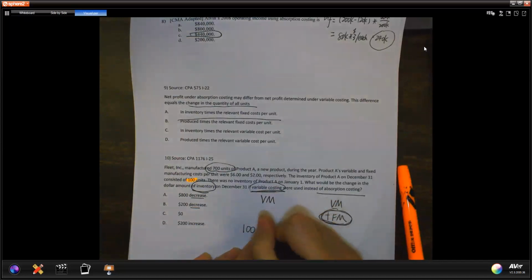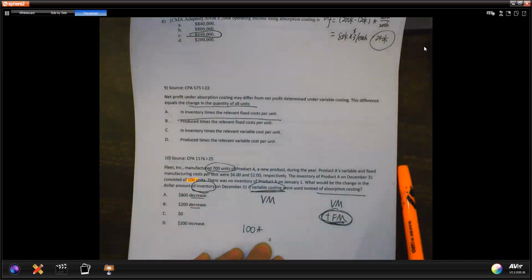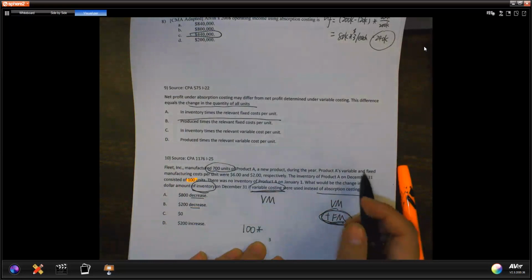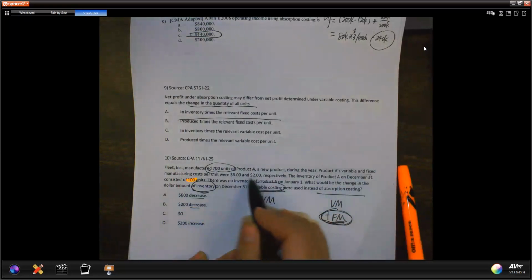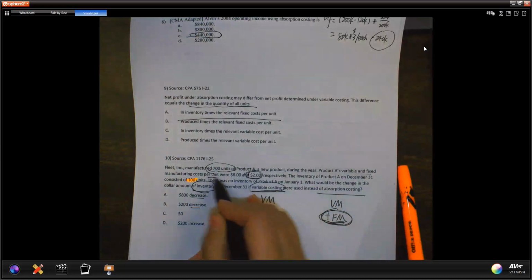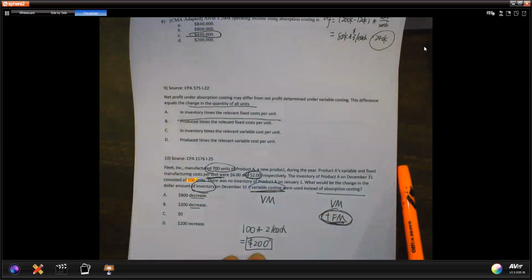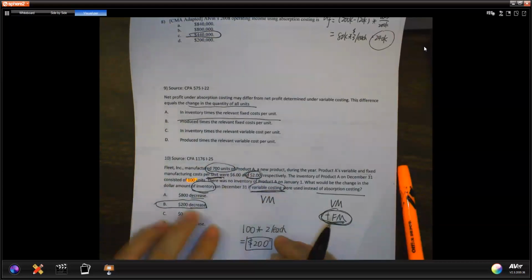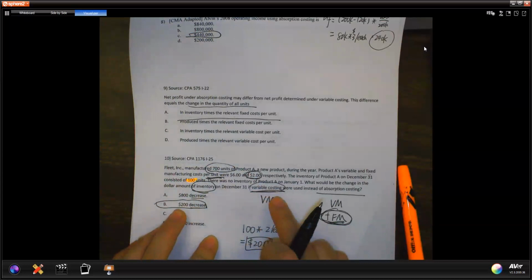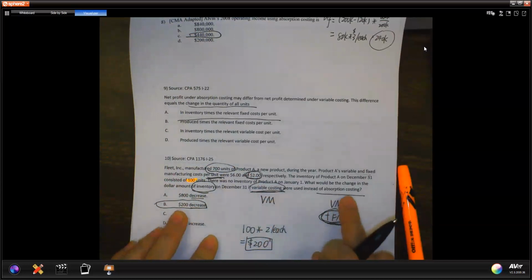And then we want to know for each one, what is the allocated fixed manufacturing cost. We said fixed manufacturing cost is already allocated for us. For one product, it's allocated $2. Therefore, our total difference for the 100 ending inventory should be $200. And it's a $200 decrease if we use variable costing compared with absorption costing.